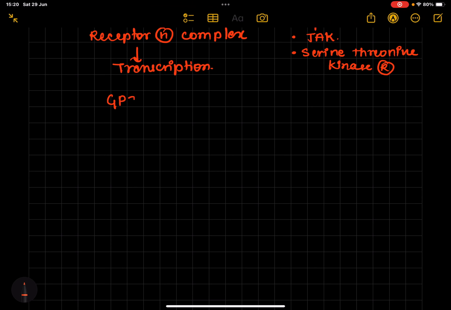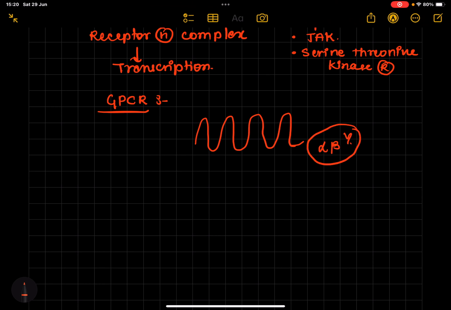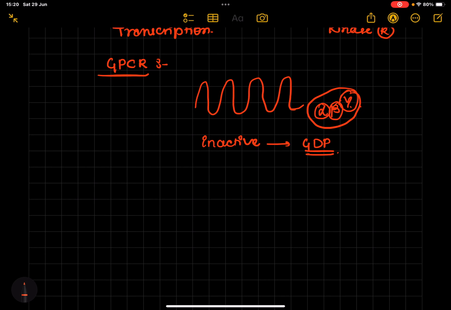So let's study the G protein coupled receptor. It is a serpentine receptor because it has 7 domains, right? And it has 3 subunits: alpha, beta, and gamma. In the inactive form, GDP is bound to GPCR, and when it is active, GTP will bind.